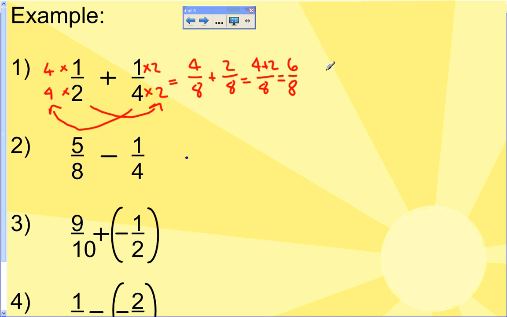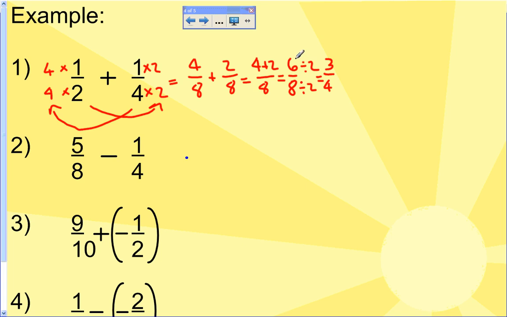But what does 6 over 8 simplify to? Divide the top and the bottom of this by 2. And you get 3 over 4. So you get the same answer. The point is, you don't always have to find the least common denominator. Your life is easier if you do, because if you see here, I had to simplify my answer.